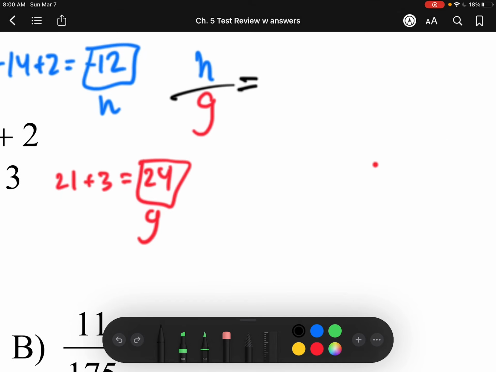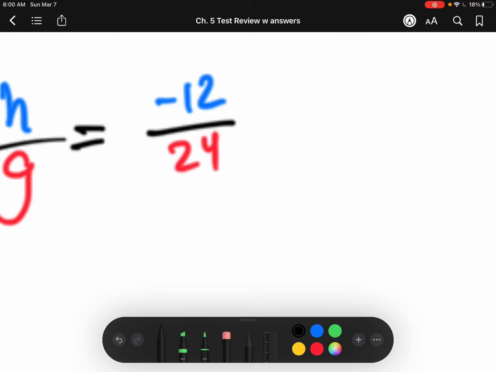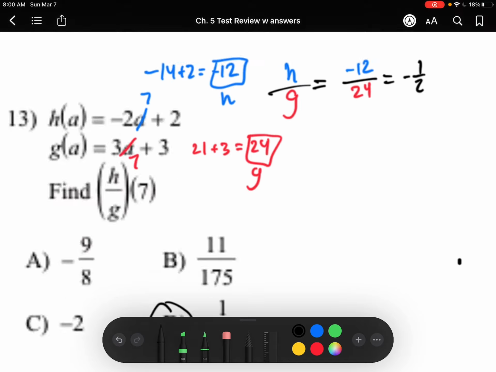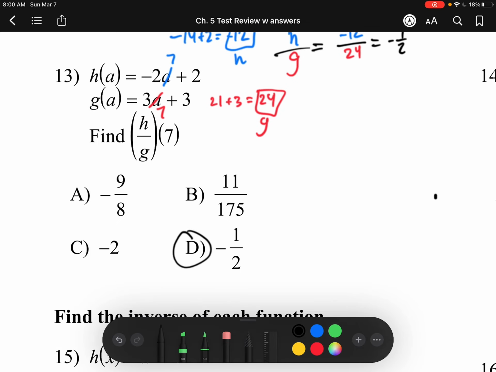So the value for h is negative 12 over the value for g, which is 24. And we got the same thing that we got in the other method. So negative 12 over 24 simplifies to negative 1/2, which is option D. It's more useful to use this method when you're multiplying two functions together, because it's going to save you a lot of work.